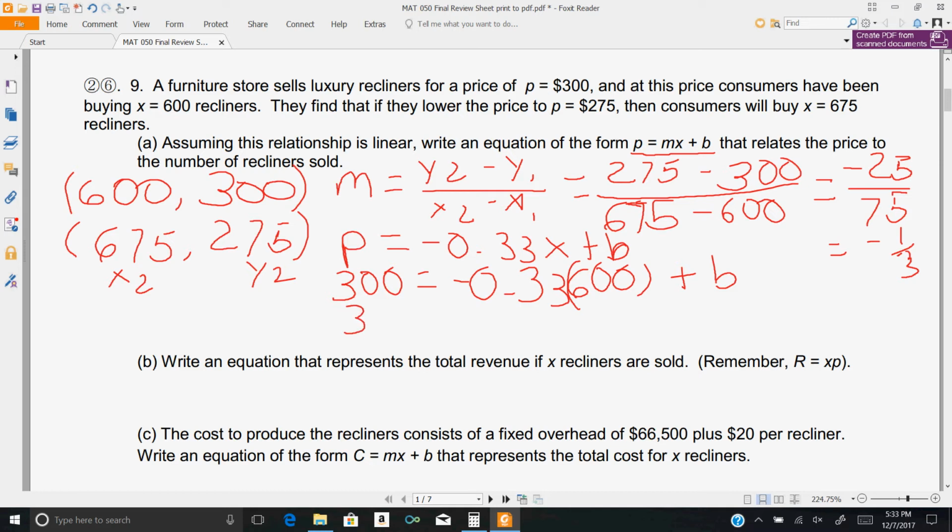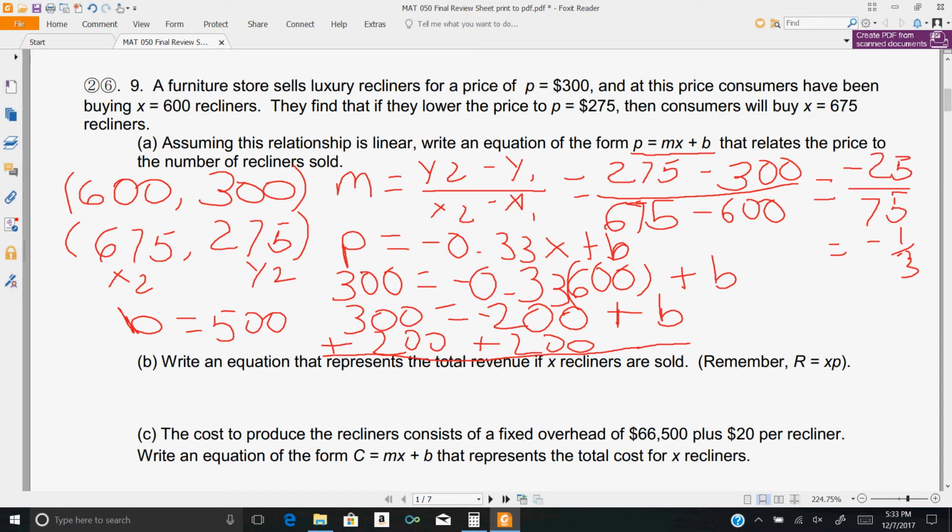And then I can say 300 equals negative 200. Negative 0.33 times 600 gives me negative 200 plus b. I add 200 to both sides. And that tells me b equals 500.